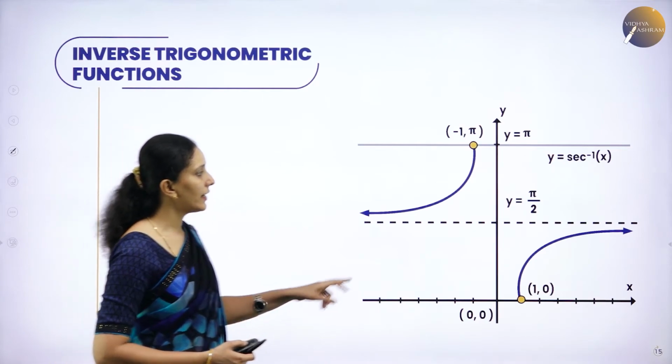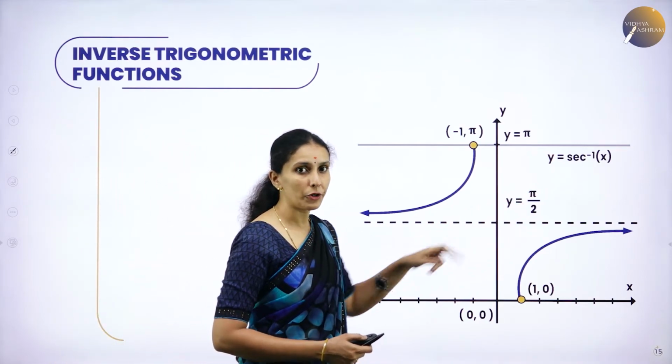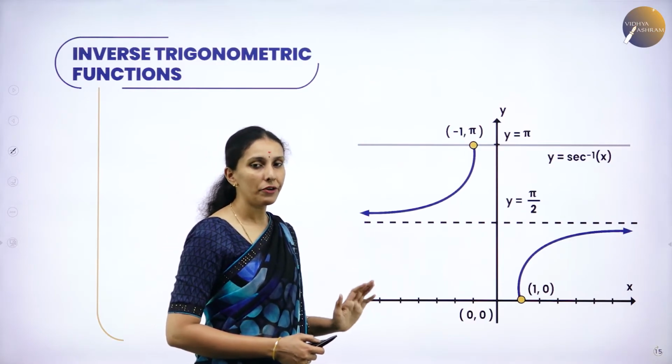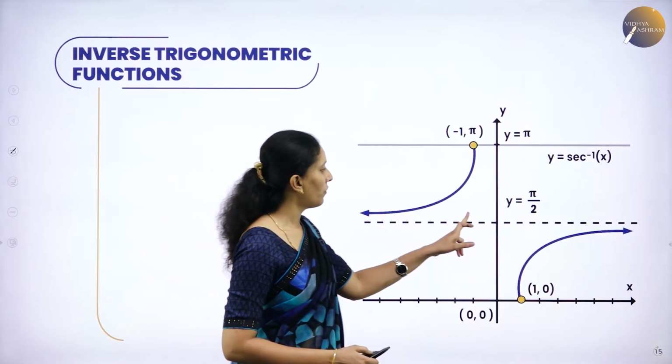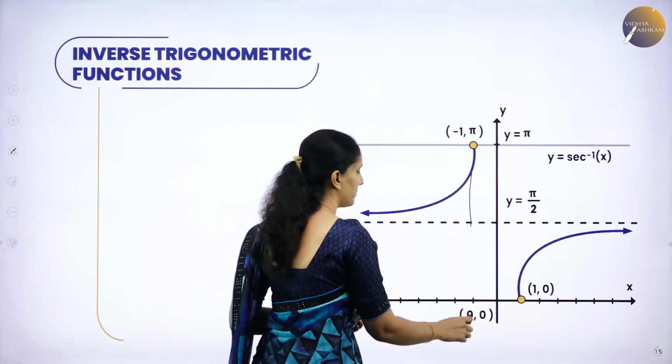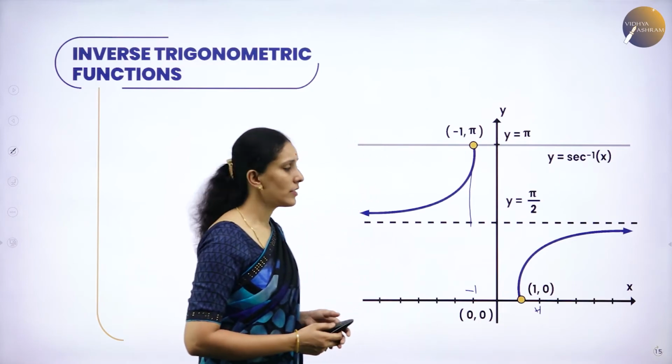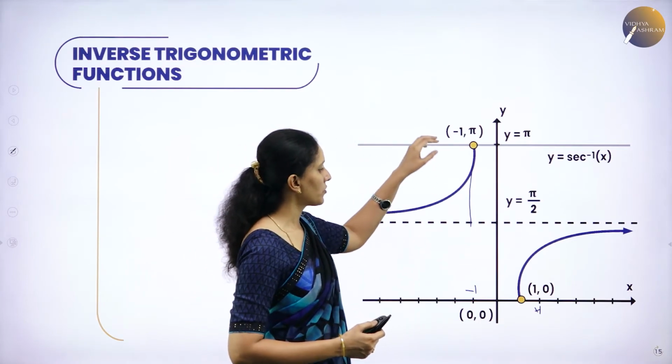I already said it cannot take the value y equal to pi by 2, since x can take values less than or equal to -1 and greater than or equal to 1. If this is -1 here and this is +1 here, this is how the graph of the function goes.